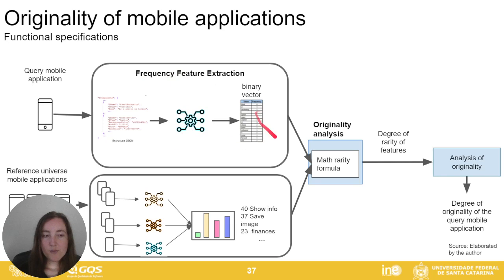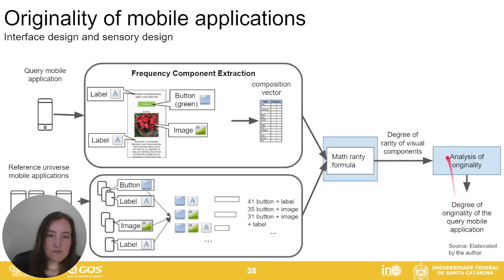Then again, we compare it with a reference universe and assign a degree of rarity of features. Based on this evidence, we can assign the originality degree of functional specifications. Well, the most part we are in contact with a mobile application is the interface and sensory design.